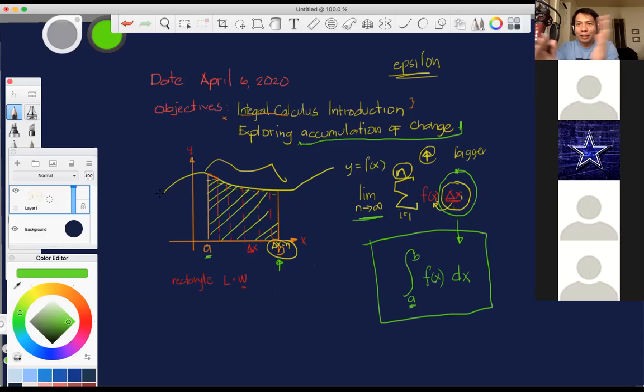In some cases, in the span of that 30 minutes, I might be running 20 feet per minute, 30 feet per minute. Sometimes I might go slow, maybe 3 feet per minute. So it varies over time. When we talk about accumulation of change, we could find the total length that I was able to run in a given period of time, even if I change my rate. Does that make sense, guys?